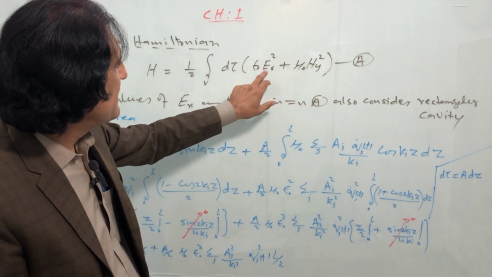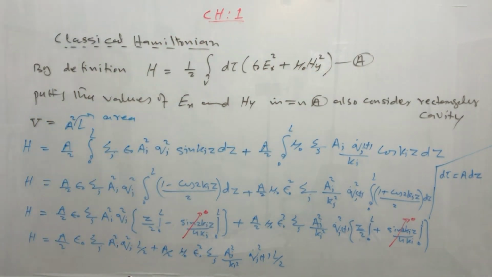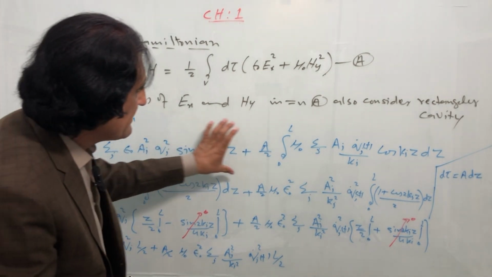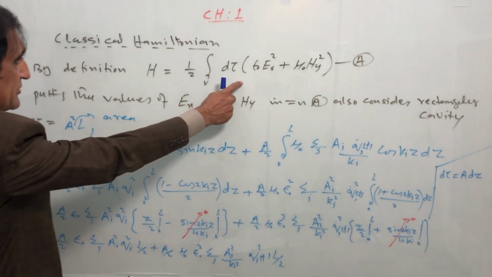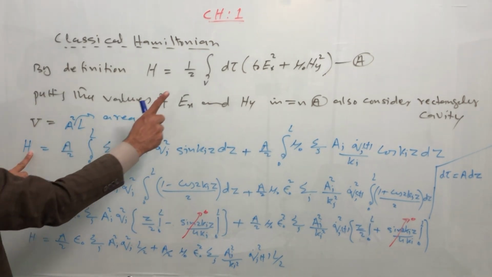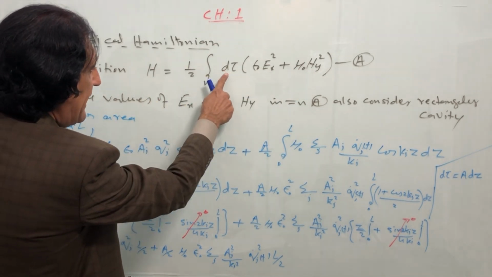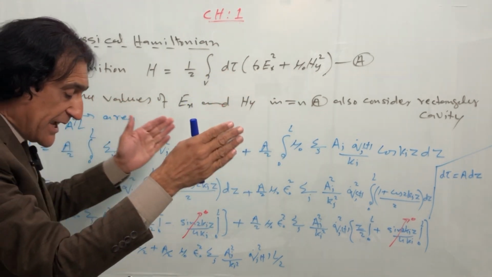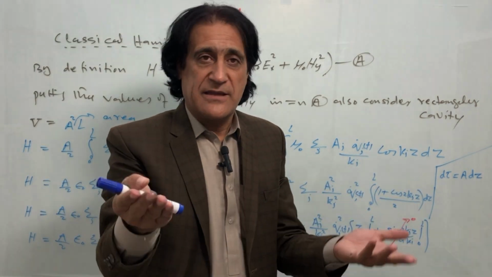We must put the value of this and this in this equation, and then we can get some mathematical expressions. For example, V is equal to a square L. Then for this Hamiltonian, we put the value of Ex and Hy, and we also have d tau, because we have a cavity, and this cavity has length and area.